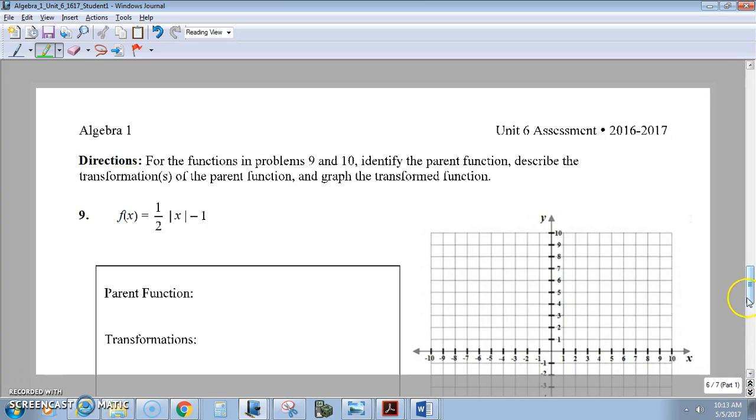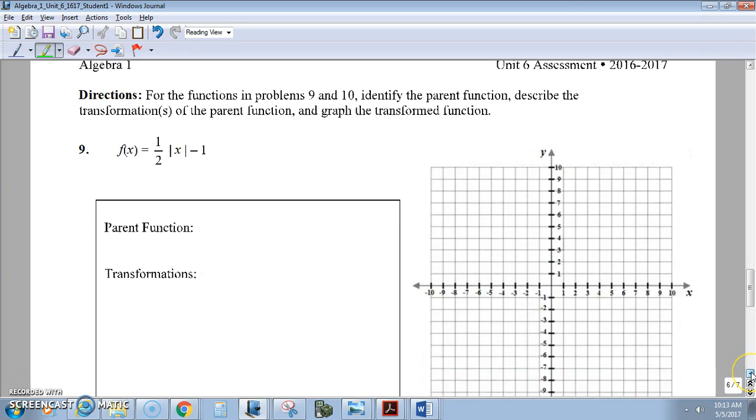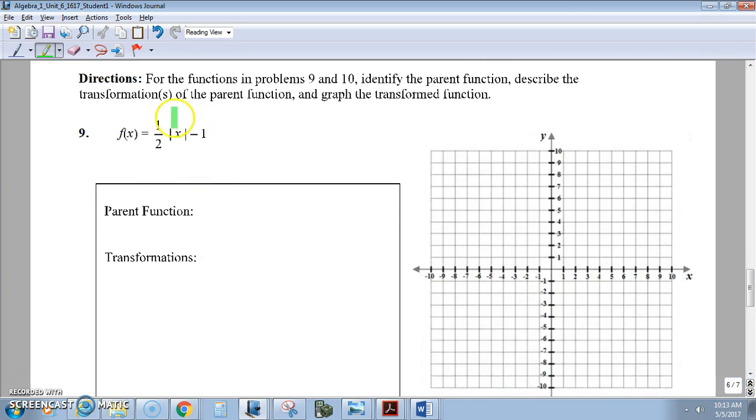All right, question number 9. So I want to take the parent function. I would either have taken, you said this is an absolute value, and you could just write absolute value, or you could write f of x equals just plain the absolute value of x.